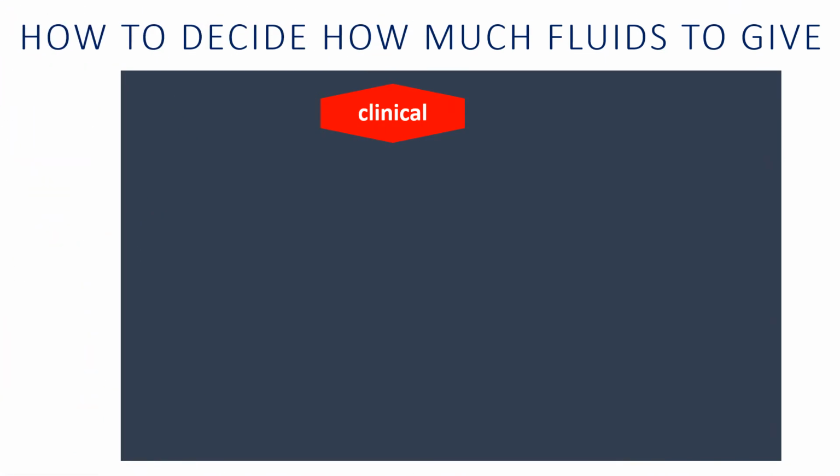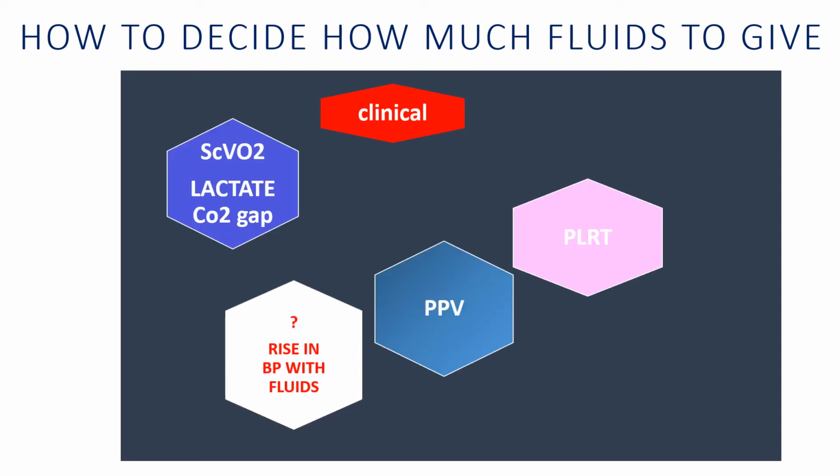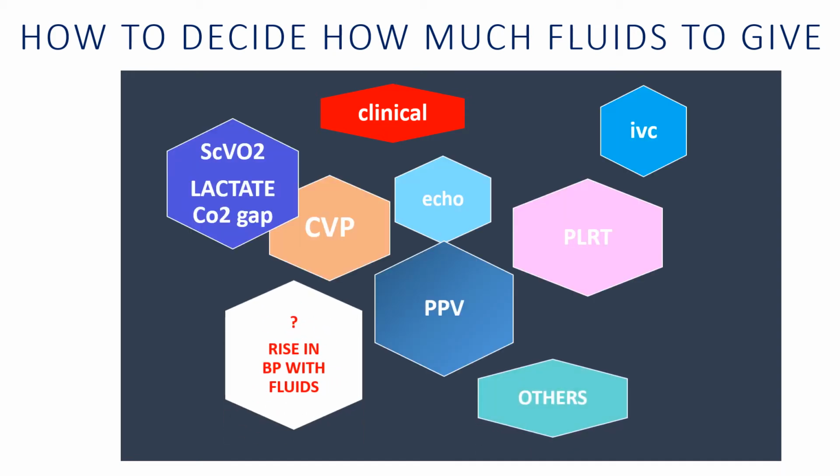So how do we decide how much fluids to give? There are many ways which have been described, and I shall try and focus on three of these, that is PLR, which has the best accuracy, pulse pressure variation, and a little bit about CVP.